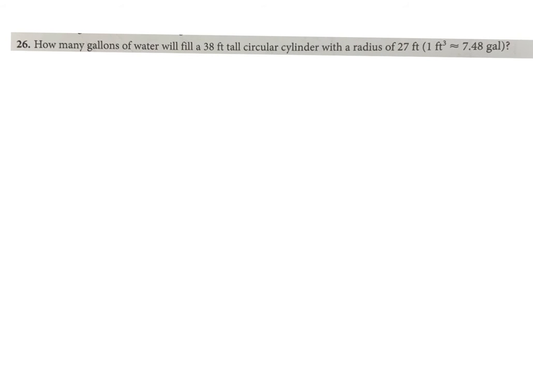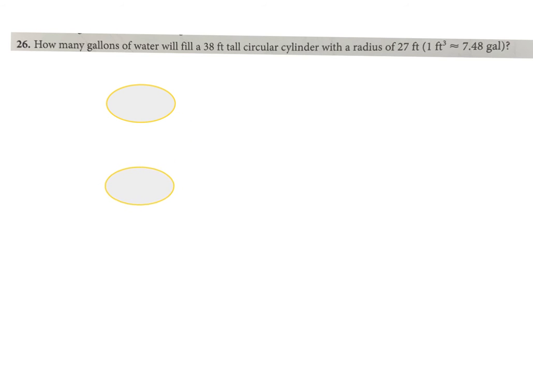All right, so let's look at this. The first thing you need to do is figure out the volume. All right, and they really give you everything you need for the volume. If you think about what they've given you and what you have, this is a cylinder. So we have a circular cylinder, a tank.